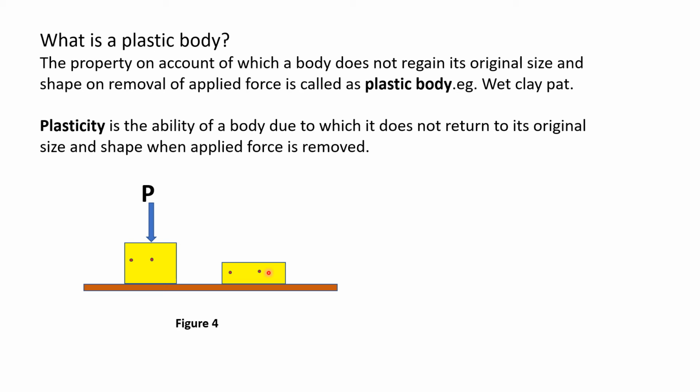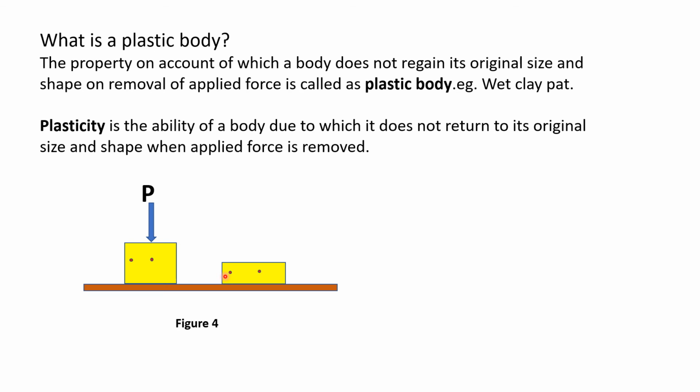What will happen? This will get compressed. So there will be a decrease in height and an increase in length. Here I have shown this face as a vertical straight line, but it will bulge, it will be a curve here. And the distance between these two points will increase.